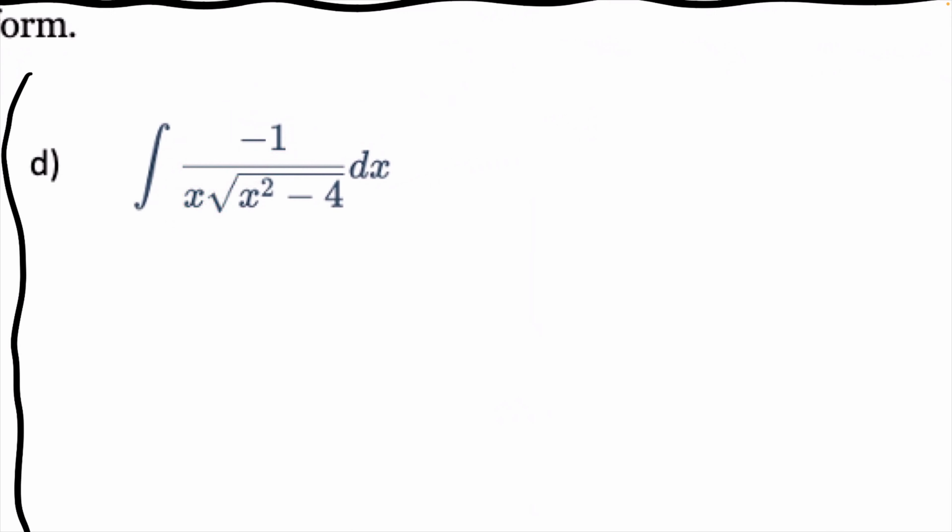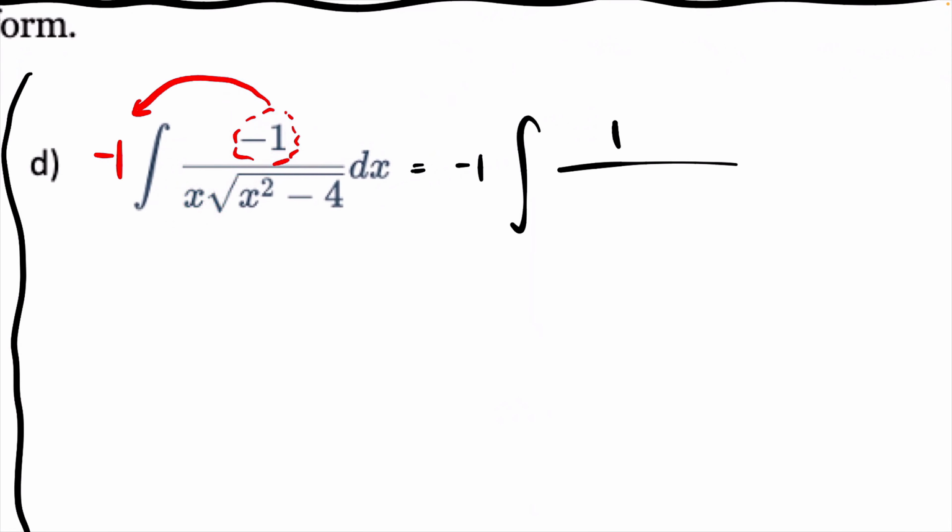Because of that, we have to use the one we haven't used yet, arc secant. So the negative 1 I'm going to move to the front. So we got negative 1 over x square root x squared minus 4 dx.